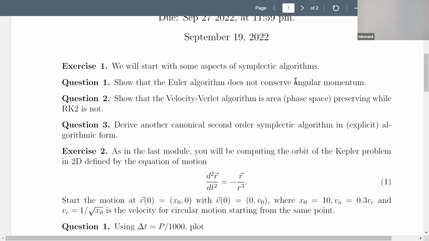The analytical way, how would you show that something is area preserving? What's the analytical way of doing this? You're looking at the determinant, right? Because when you take the determinant, basically you're taking a cross product of two vectors.